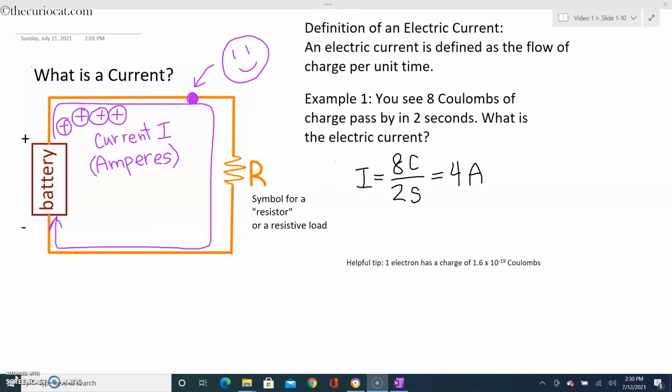Now, this is an average current because 2 seconds is actually a very long duration of time. For a very small instant in time, we need to define an instantaneous current. So, in this equation, you see that a very small amount of charge dq passes by in a very small amount of time dt, and this is defined as the instantaneous current.